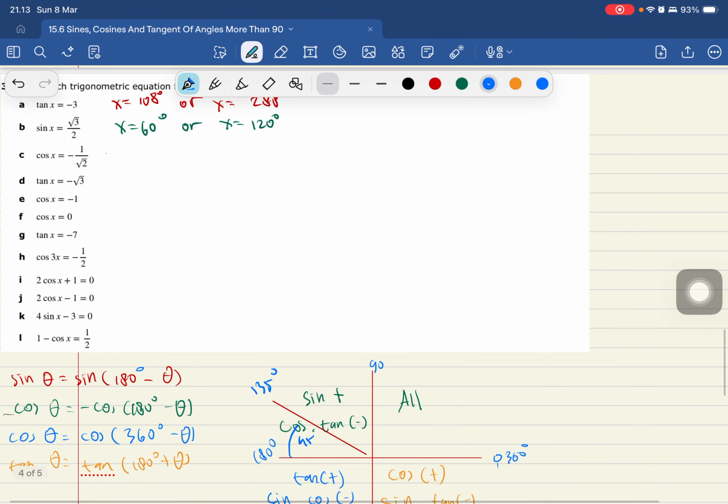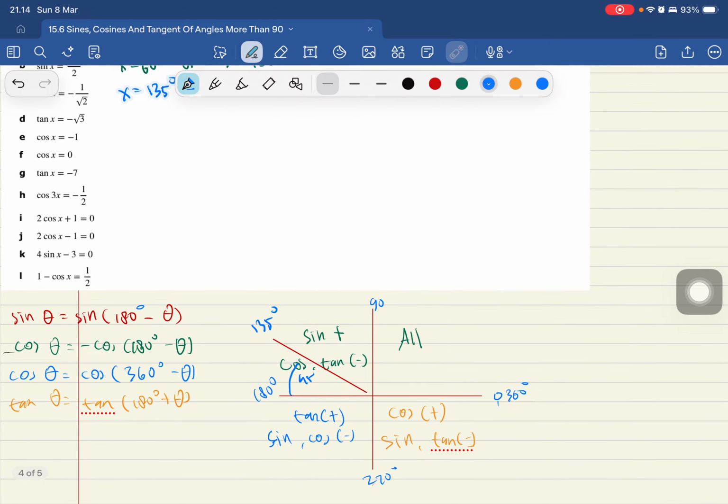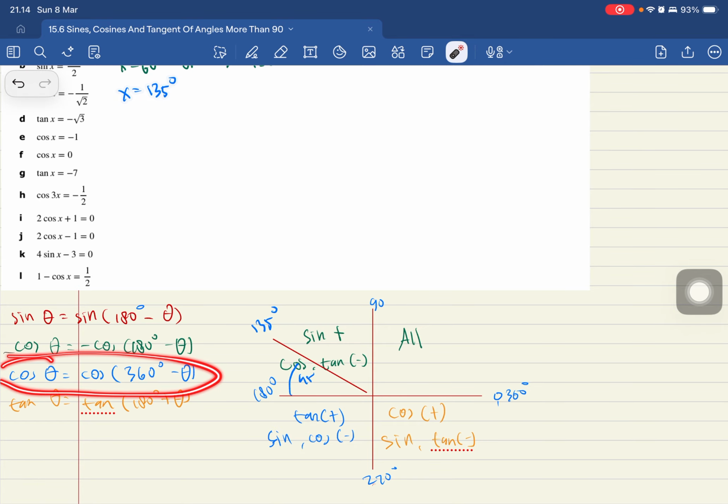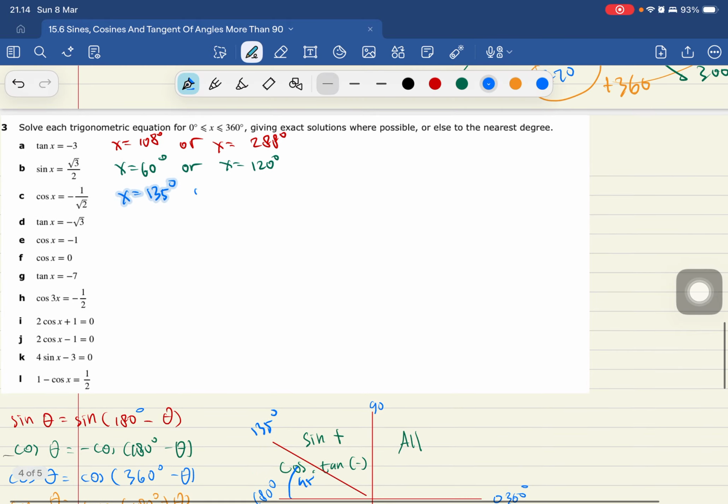We can write it here: the first x is going to be 135 degrees. And for the next one, we can use 360 minus 135. So the other x we get is 225 degrees.